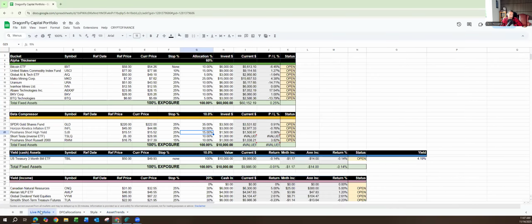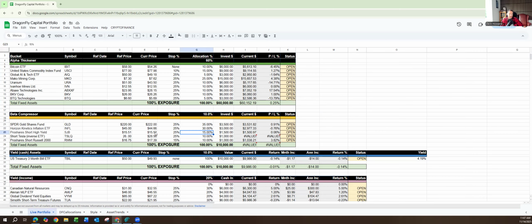Thinking about potential allocations to these names, I'm putting them in different buckets here. My top bucket would be higher beta stuff, what I'm calling the alpha thickener zone, and I would have names here that are going to pop more, potentially in lower volatility regimes, longer term plays.